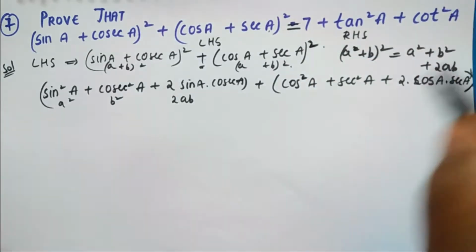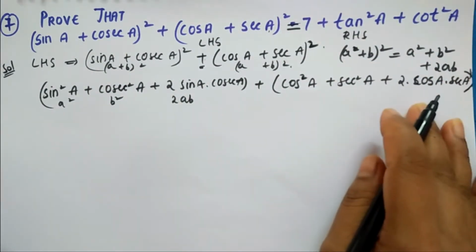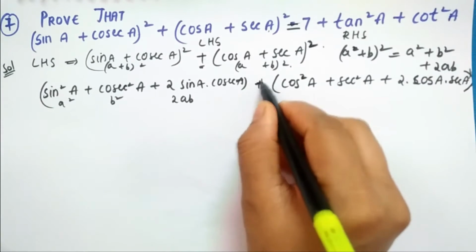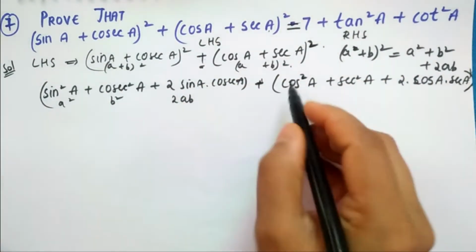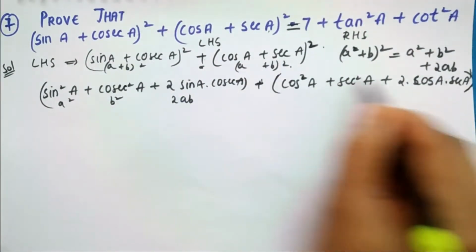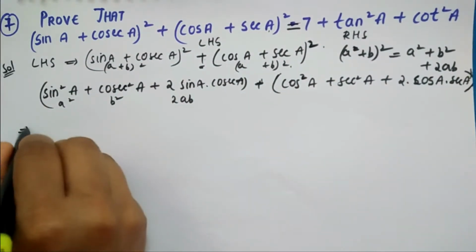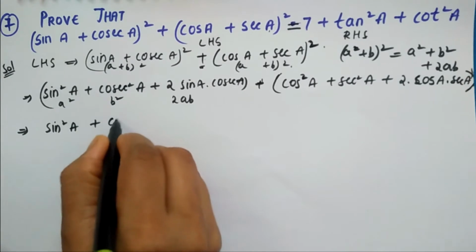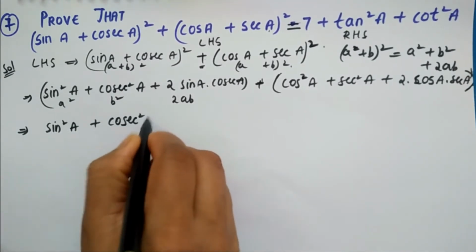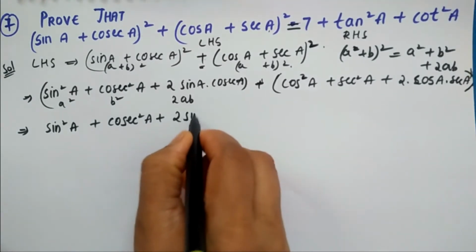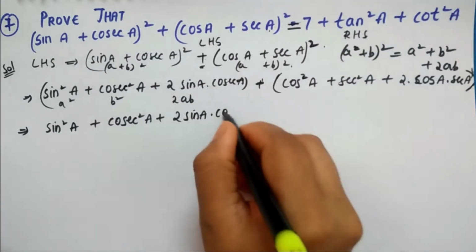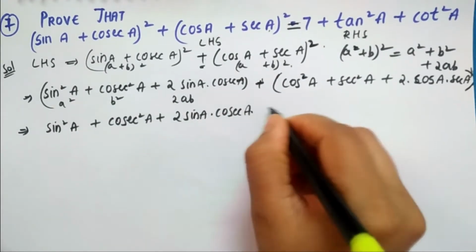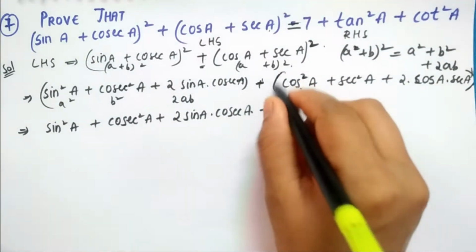Now here we just need to solve all these terms. Since it's a plus, we'll directly open this bracket. Let's move on to the next step: sin square A, copying the same things, cosec square A plus 2 sin A into cosec A plus, we're just opening this bracket.